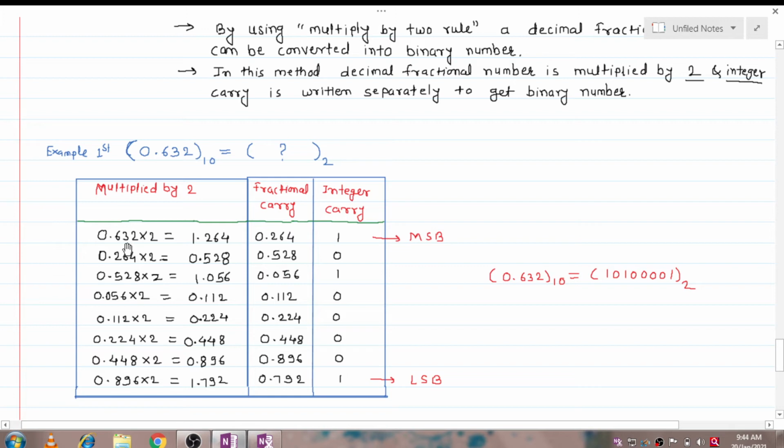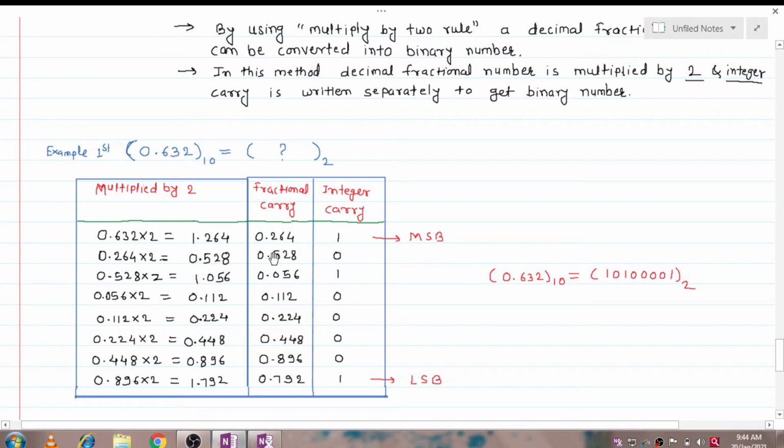So let's see. 0.632 multiplied by 2 is equal to 1.264. Here we write the fraction part, and the integer carry 1 we write in a separate column. Then 0.264 multiplied by 2 gives 0.528.